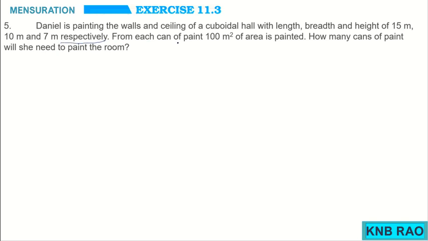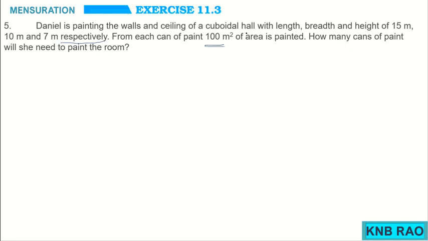From one can of paint, 100 meter square of area is painted. Means he is using a can containing some quantity of paint, with which we can paint 100 meter square area. How many cans of paint will she need to paint the room? So you have to find the number of cans required.